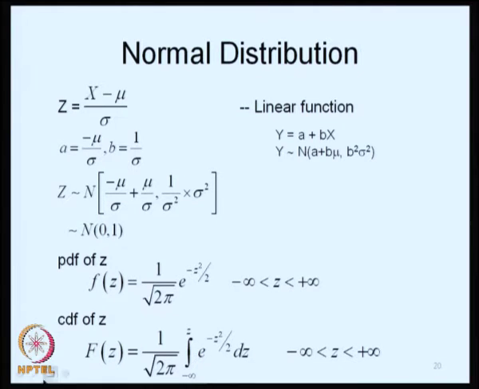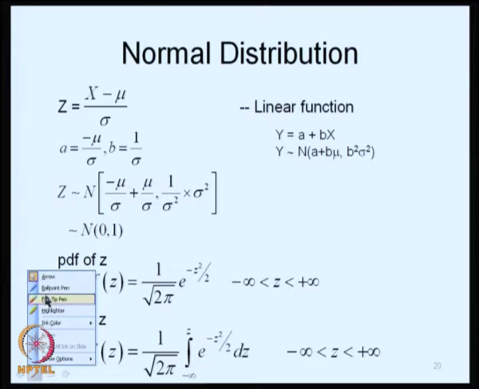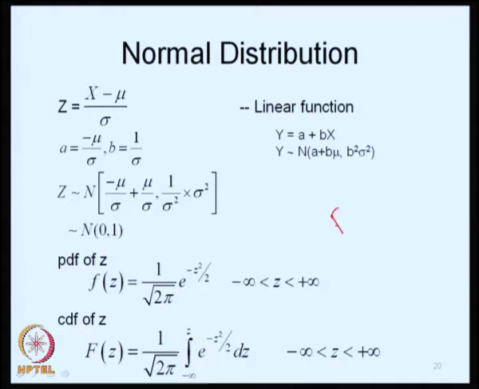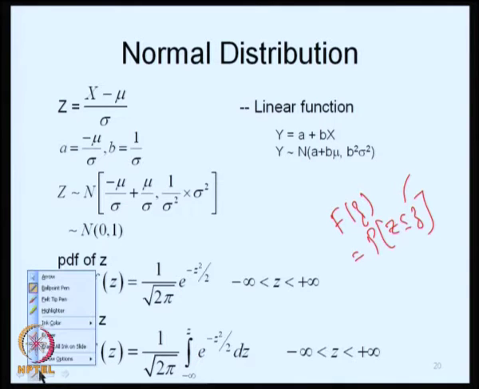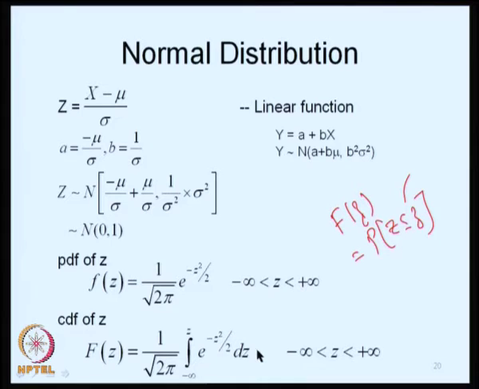Recall that your CDF of Z, what does it give? It gives you the probability that Z is less than or equal to z. So, for a specified value of z, we should be able to get the probability of Z being less than or equal to that value, if we can integrate this function e to the power minus z square by 2 with respect to z.